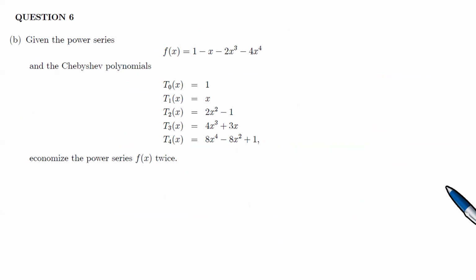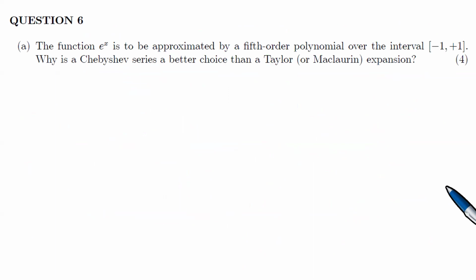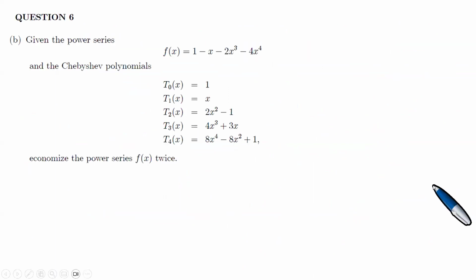Now, given the power series f of x equals 1 minus x minus 2x cubed minus 4x to the 4th power. So you have been given this power series, but it is standard practice to actually give it with some polynomials. And in this case, our famous polynomials that we know very well are the Chebyshev polynomials.